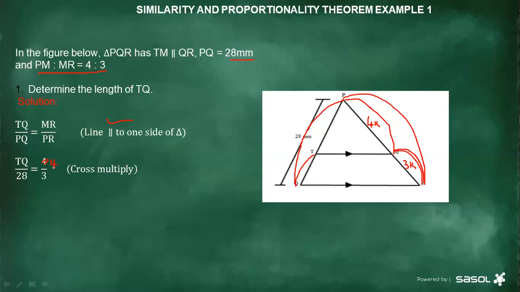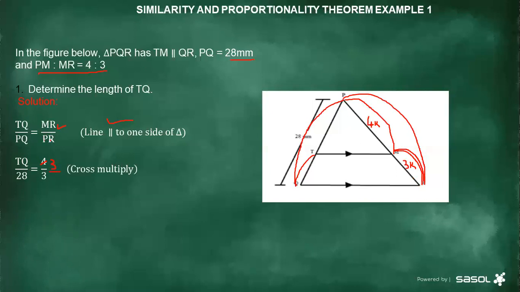Let me start afresh here. Let's cancel this 4 out because we want MR. And when you go back to the diagram, we can see that MR is 3K. So hence it's going to be 3 there.